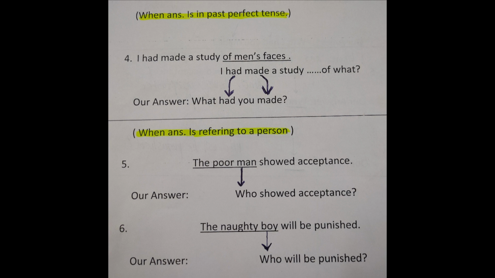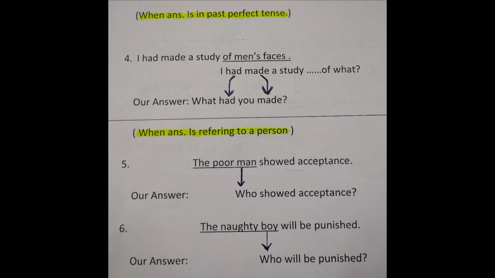We know that the WH word should come right in the beginning. So the word what comes in the beginning. Now I had made a study is a past perfect tense. Now in past perfect tense, had made is going to remain as it is. Only thing, instead of I, we have to use the pronoun you, and that has to go in between had and made. So our final answer remains what had you made?